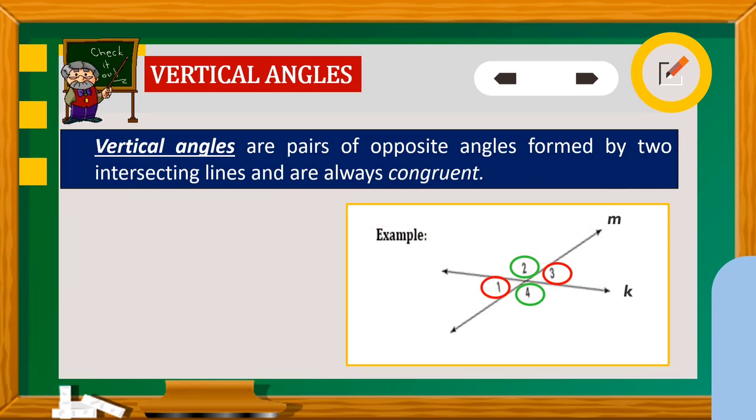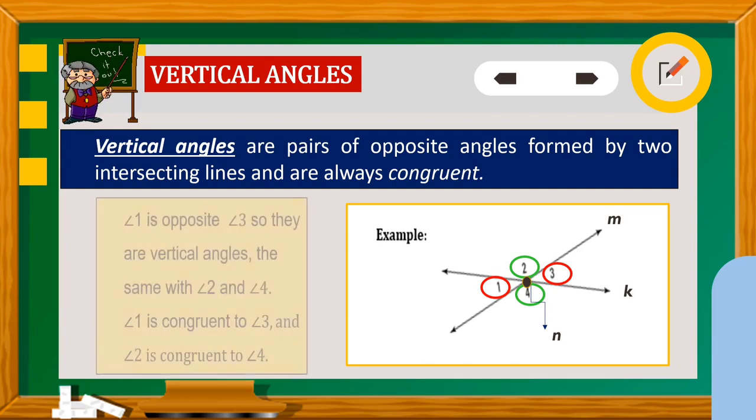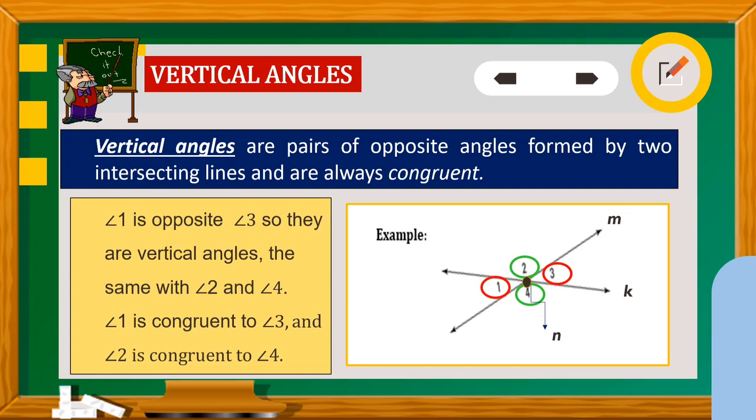Line M intersects line K at point N, and they form four angles, which are angle 1, angle 2, angle 3, and angle 4. Angle 1 is opposite to angle 3, so they are vertical angles. The same with angle 2 and angle 4. Angle 1 is congruent to angle 3. The same with angle 2, which is also congruent to angle 4.